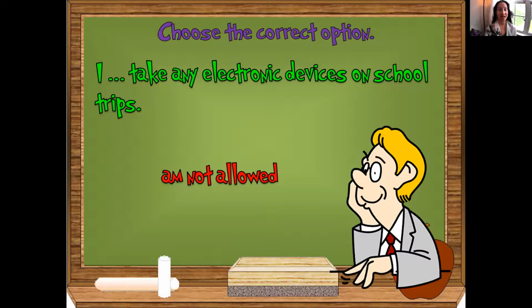Very good. Now, did anyone catch what is missing? There's one word missing. So look, I am not allowed to take. Remember, to take. Did you catch it? Very good if you did.